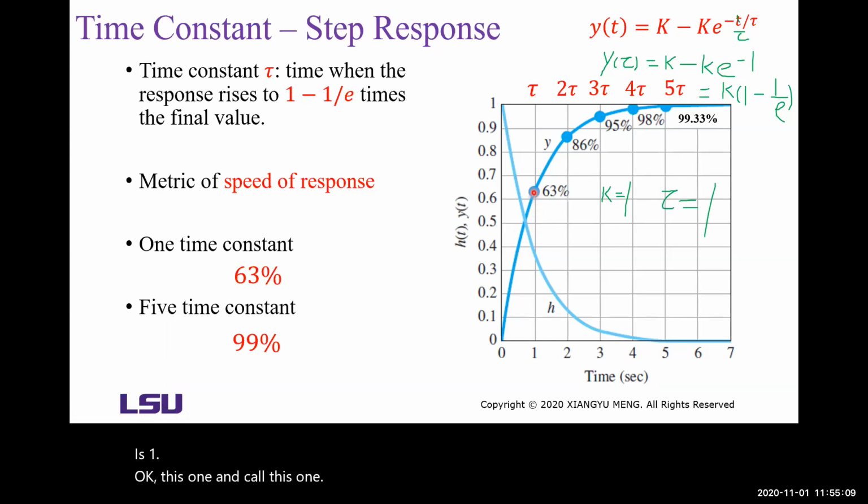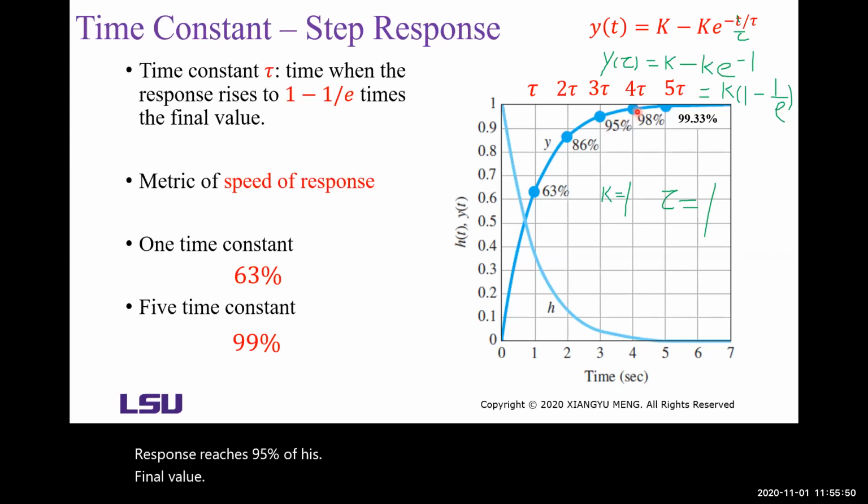So after one time constant, the response reaches 63% of its final value. After two time constants, it reaches 86% of its final value. After three time constants, the response reaches 95% of its final value.